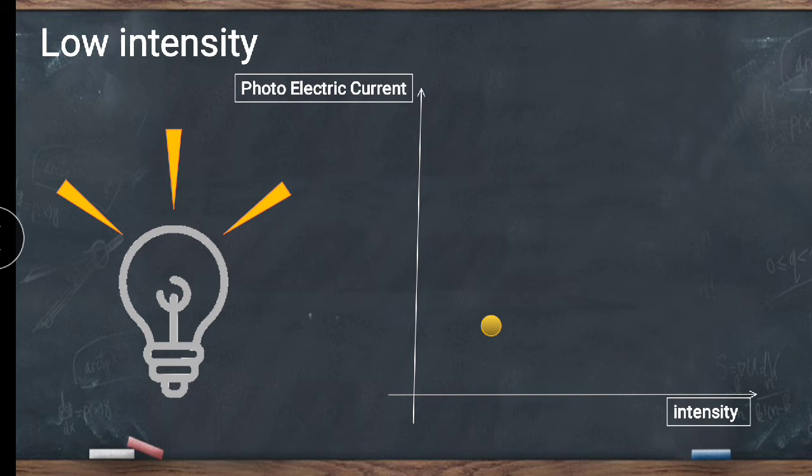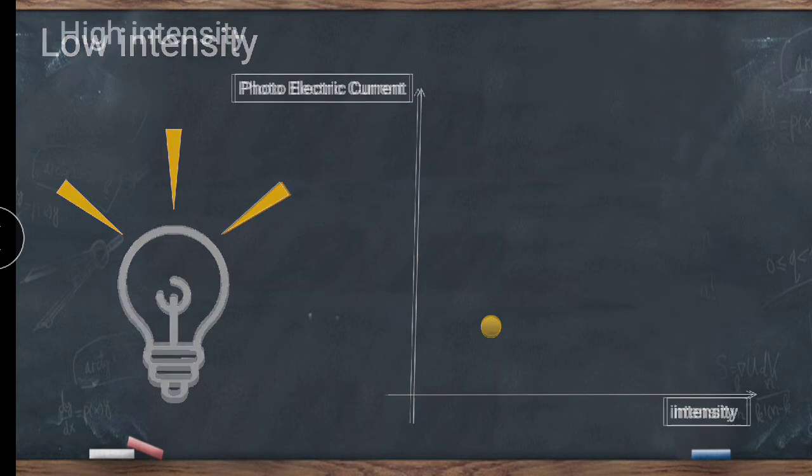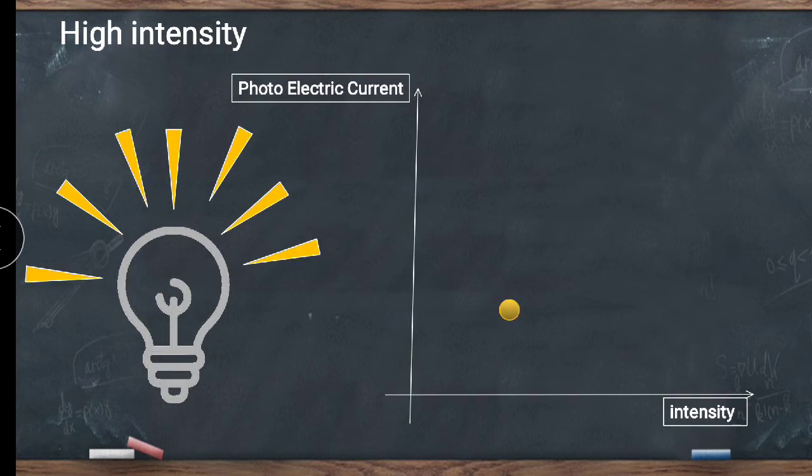Right, now friends, we are going to give the high intensity to this bulb, and whatever changes take place in the ball, we are going to observe with the help of high intensity. So let's do that. So now we have given the high intensity, and now this ball has achieved the highest position, right? So the displacement of the ball from the minimum position to the highest position is achieved.